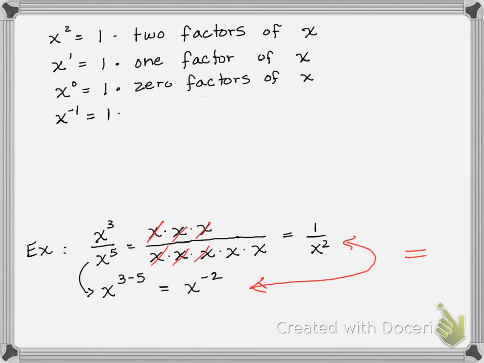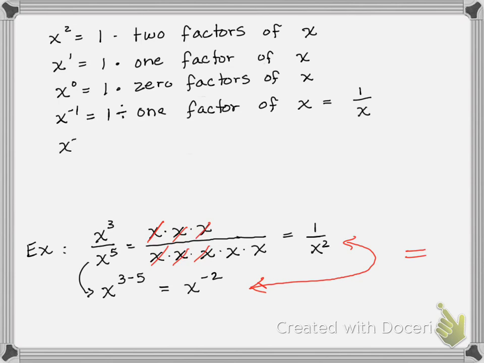So instead of thinking of that as a negative 1, let's think of it as like an opposite sign. So what is the opposite of multiplying by 1 factor of x? Dividing, right? So instead of doing 1 times 1 factor of x, I'm going to do the opposite of multiplying by a factor of x, which is dividing by a factor of x. So this is 1 divided by 1 factor of x. Which is 1 over a factor of x.